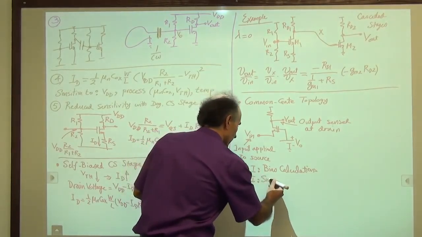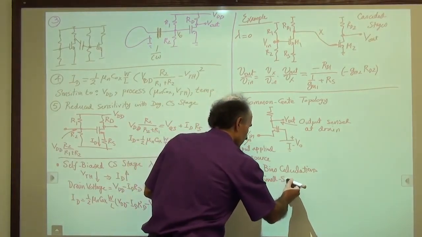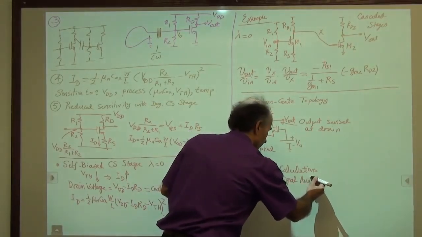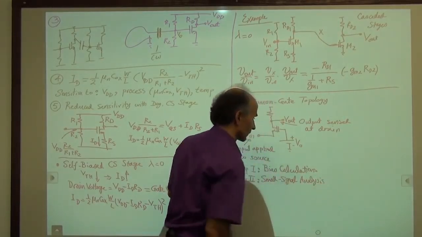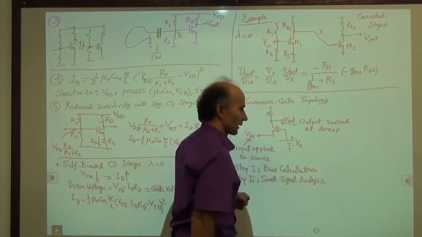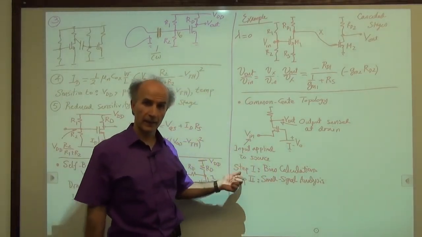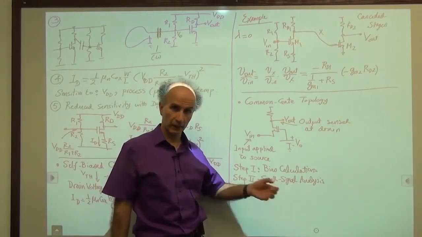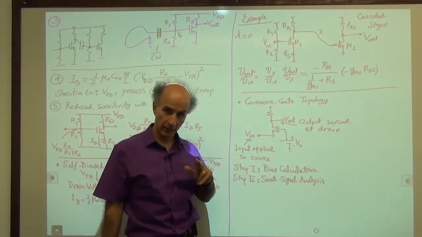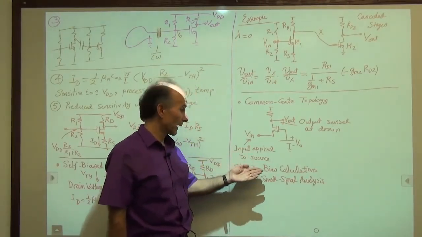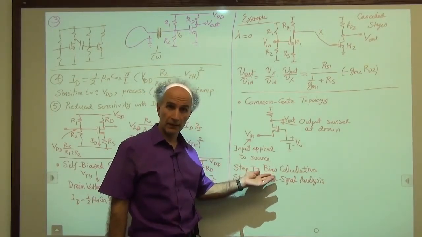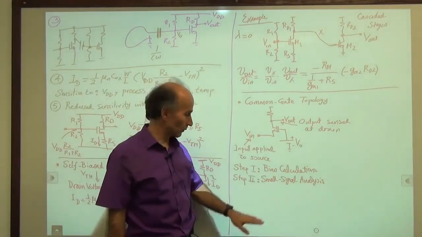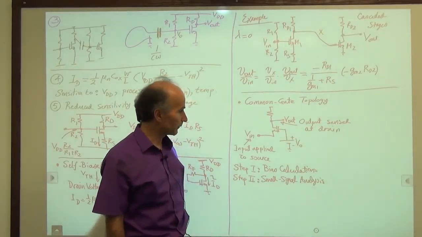So small signal analysis reveals the voltage gain and the input and output impedances. Now, what we will do in this case is actually go to step two first, understand the small signal properties of the circuit, its voltage gain, input impedance, and output impedance, and then we'll go and attend to its biasing considerations. How do we bias it? How do we calculate the biasing, etc. So we start from the small signal analysis.